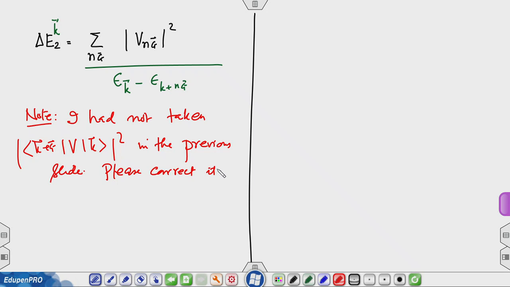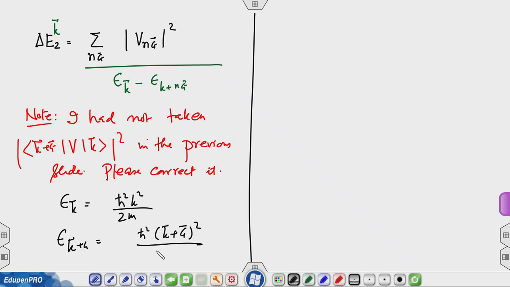Now let me make an approximation to understand things, and that is based on this. See, E k is equal to h cross square k square over 2m, and E k plus g is h cross square k plus g whole square over 2m. So as I increase n, that difference becomes larger and larger. Let me look at the smallest term, the smallest E k minus E k plus g.